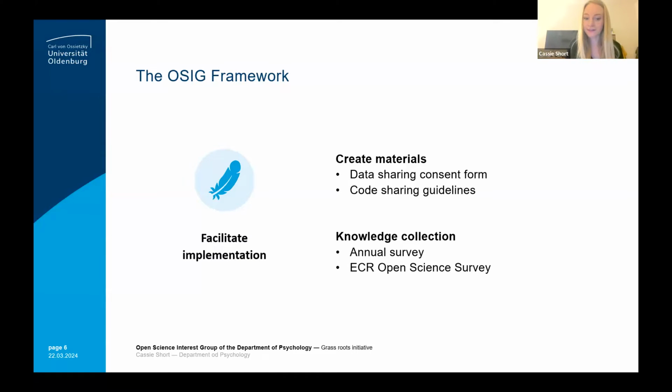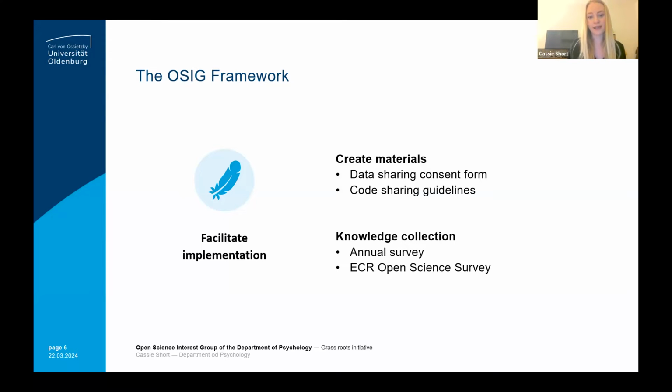And then thirdly and finally, we want to facilitate the implementation. So we want to share and educate on open science practices. We want to get people enthusiastic, but then we also want people to put this into practice if possible. So to do this, we're currently working on a department-wide data sharing consent form for brain data. So we hope that this will make it much easier and reduce the barriers for people to share the brain data that they have, without feeling like there's something missing from the consent form that may restrict them from doing this.